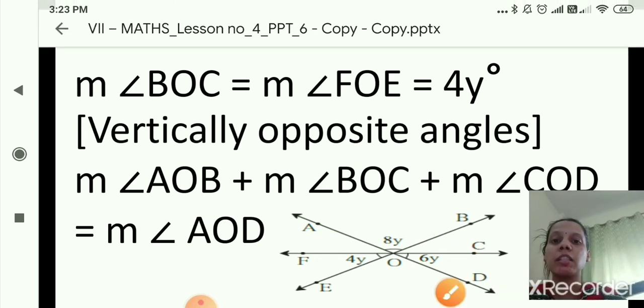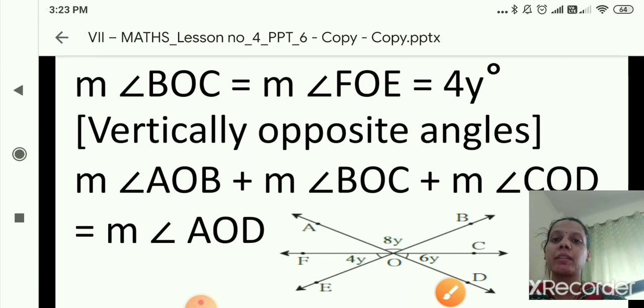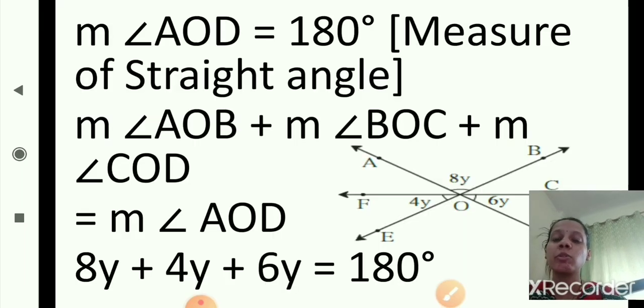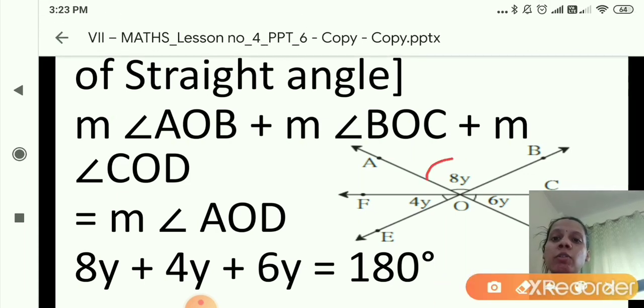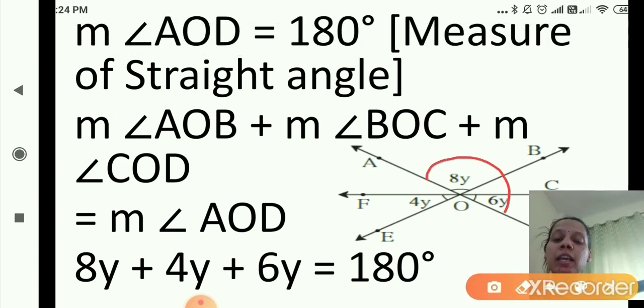Now the next step is, as you can see here, the measure of angle AOD is equal to 180 degrees. Why? Because AOD is a straight angle, this whole angle, and the measure of a straight angle is 180 degrees, right?